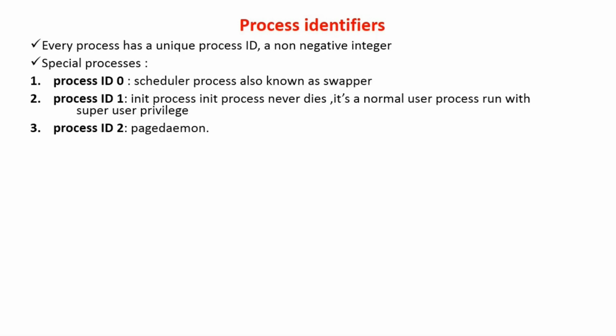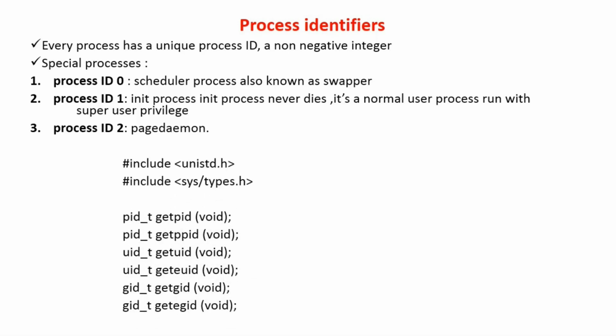It is a normal user process run with super user privilege. Third one, process ID 2, that is a page daemon running in the background. So these three are the special process IDs available in the Unix system: PID 0, PID 1, PID 2.